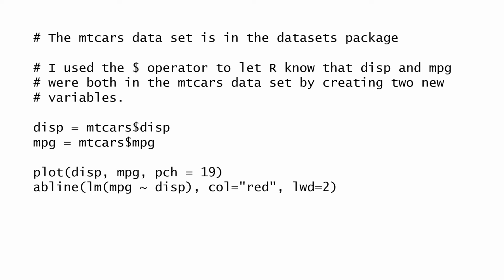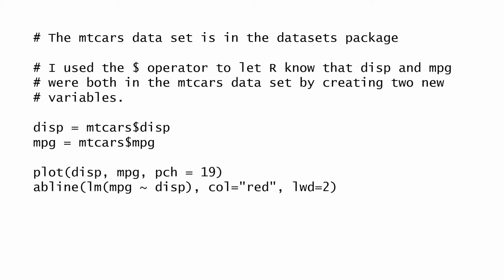The pch equals 19 argument tells R to use small black circles for the data points. The pch argument controls how the data points will be displayed. If you do an internet search on how to use pch in R, you'll get quite a few hits. And by the way, that's a good way to get answers to your questions about how to do something in R.